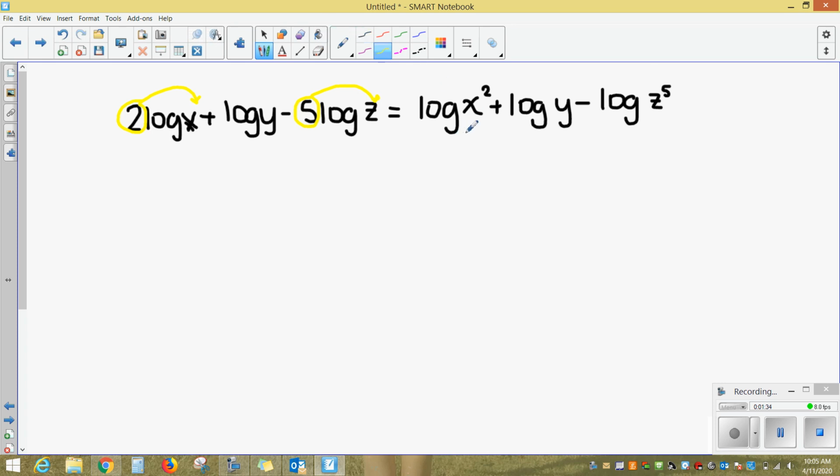And then some of you will catch on to this faster than others as you're putting them back together, but I recommend if this is new to you to go ahead and just work with 2 terms at a time. So if I have the sum of 2 logs, the sum goes back together as a product.